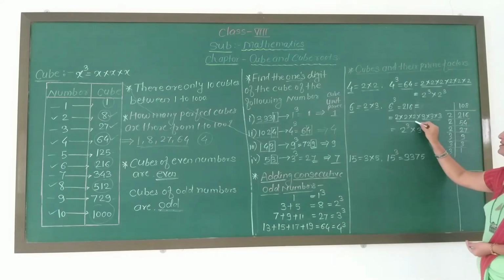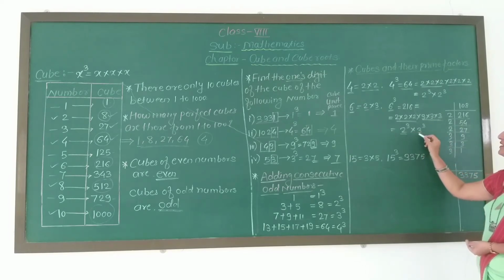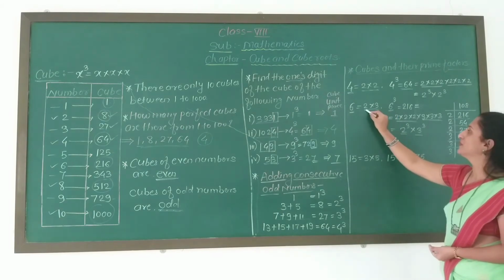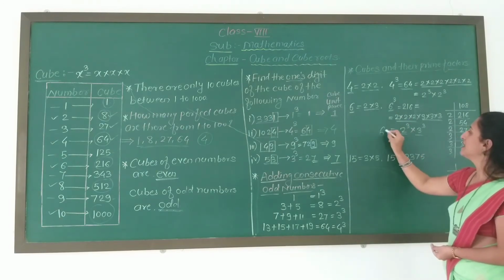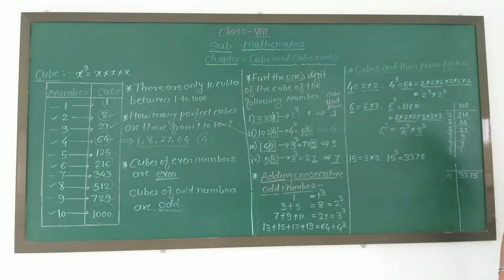So we get one triplet of 2 and one triplet of 3. Look here: 6 is equal to 2 into 3, but 6 cube is equal to 2 cube into 3 cube.